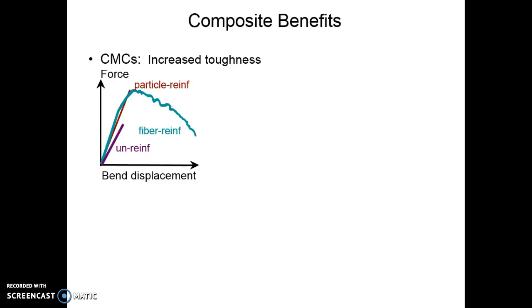Here we see a plot which indicates the increase in the toughness of a ceramic matrix composite. The violet line is for the unreinforced, the maroon is particulate reinforced, and the aqua blue is fiber reinforced.